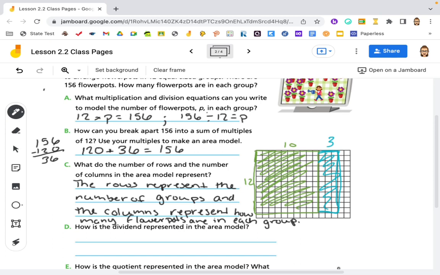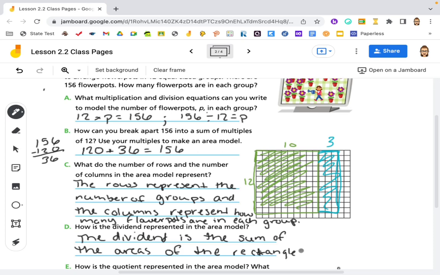Well, the dividend is the sum of the areas of the rectangles, because you have your 120 and you have your 36.